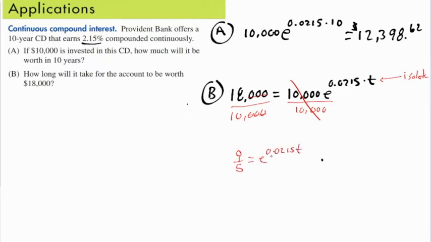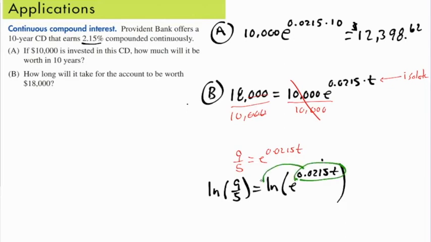Now we would like to get the variable out of the exponent, so we take the natural log of both sides. And the power property allows us to take the exponent and move it down and out in front of the logarithm.